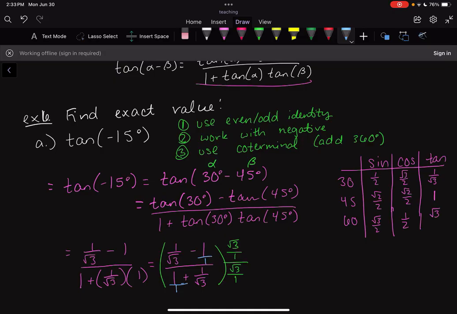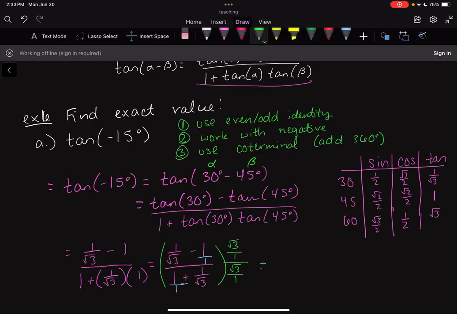And so when we multiply by root 3 over 1 over root 3 over 1, we're really just multiplying by 1 because we're multiplying the same thing at the top and the bottom. And top and bottom, if they're the same, it cancels out to 1. This is not the same thing as multiplying by both sides. There is no both sides to this because this is not an equation, right? We're just simplifying.